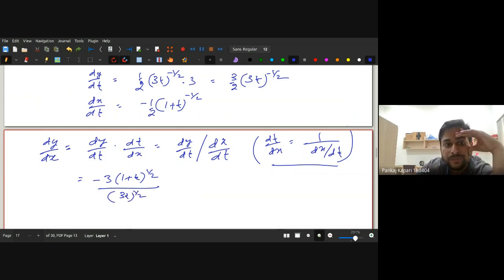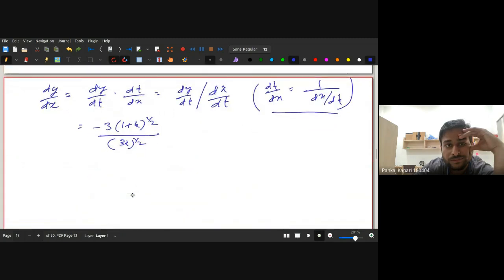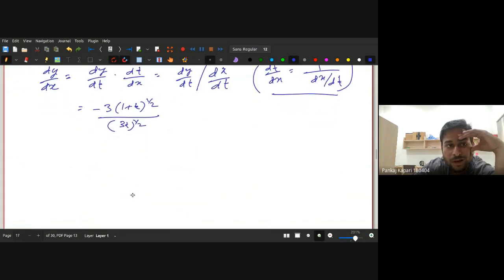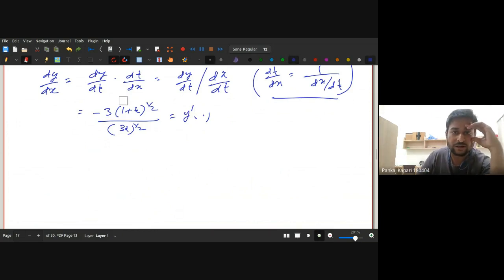Now this is just y prime x in terms of t. We have to find the second derivative.